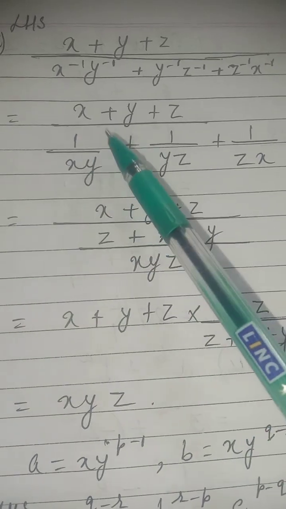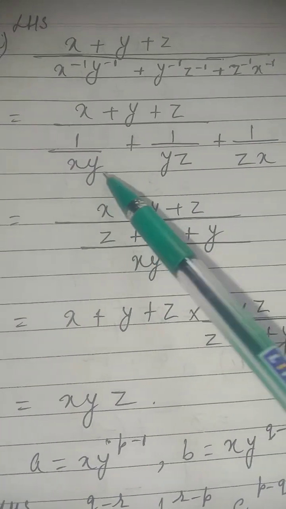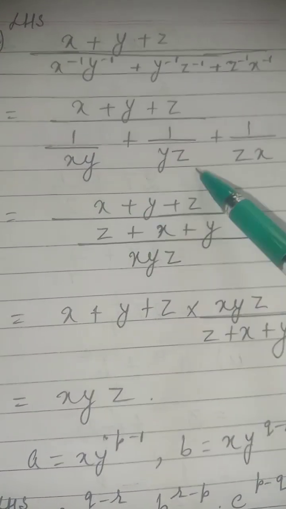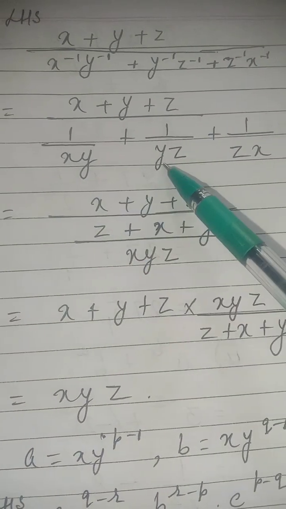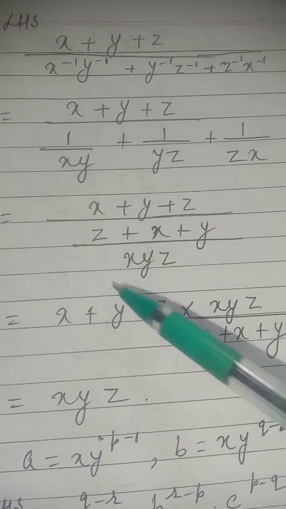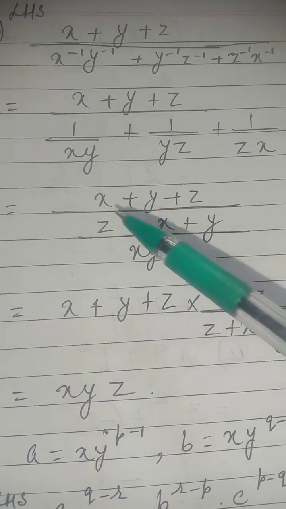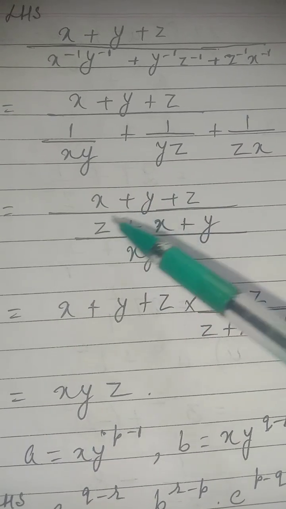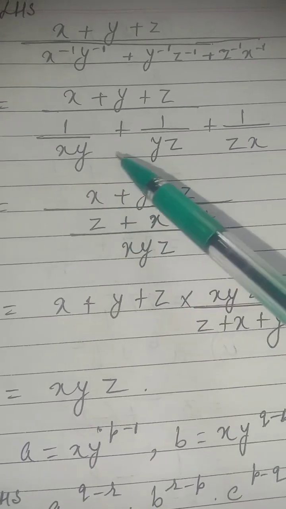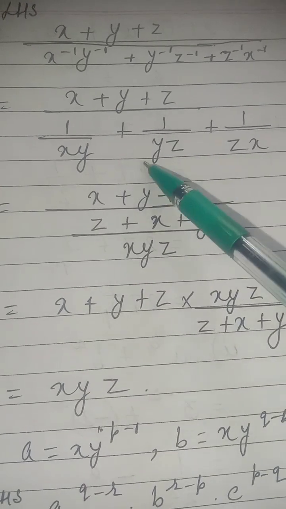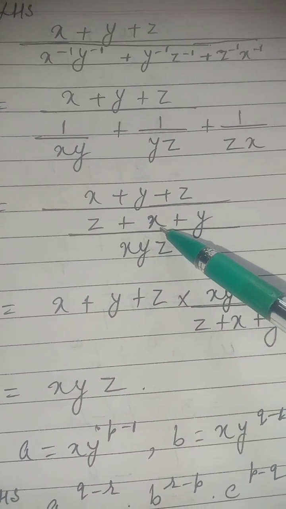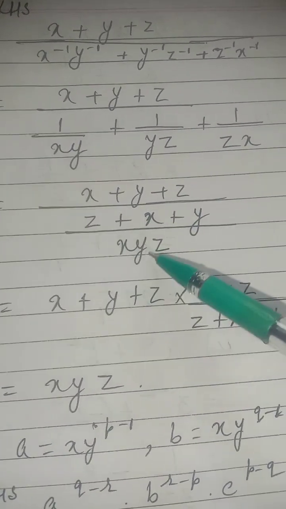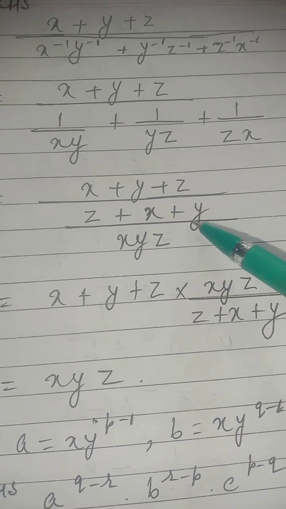Now x + y + z is written as it is, over these three terms, where we have to take the LCM of xy, yz and zx, so the LCM will be xyz. Now xy is already there, so the remaining is z; yz is there, so the remaining is x; zx is there, so the remaining is y.